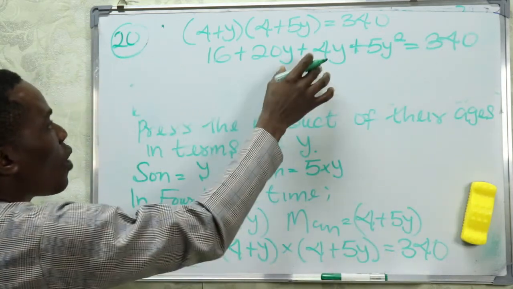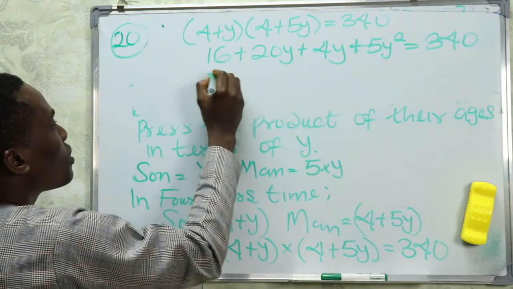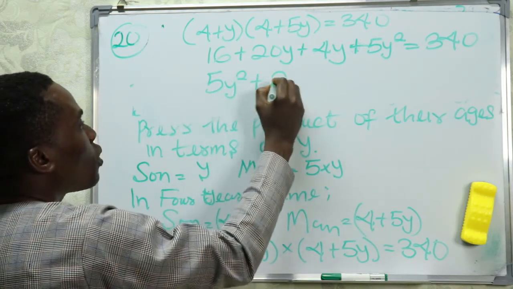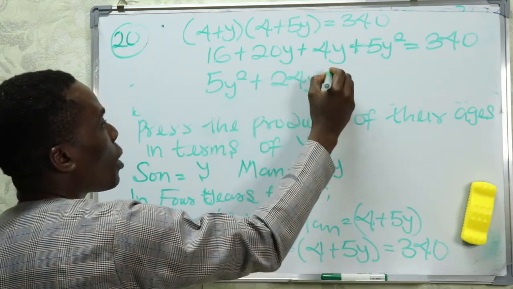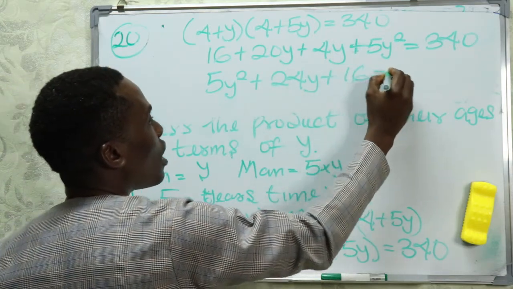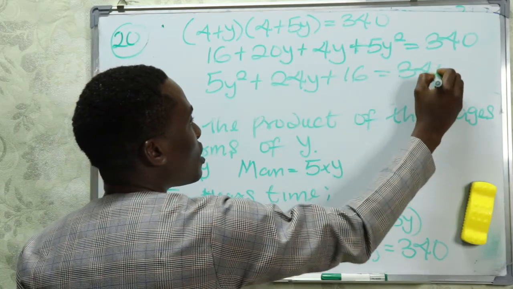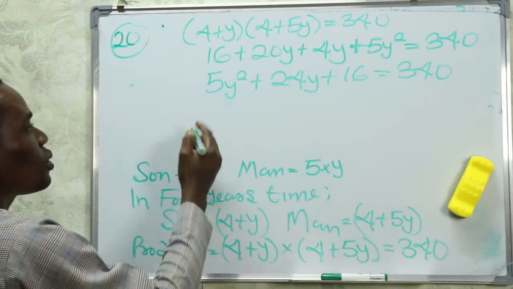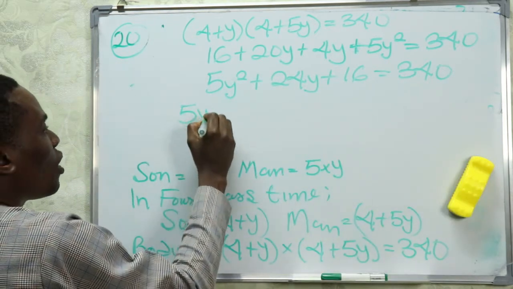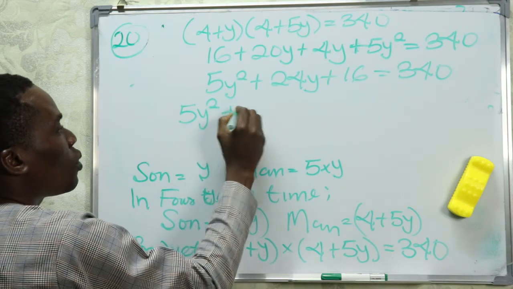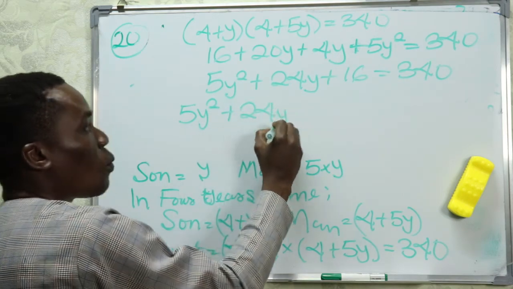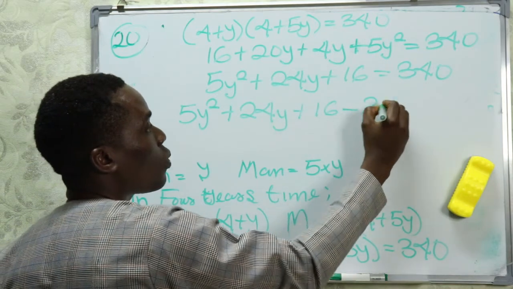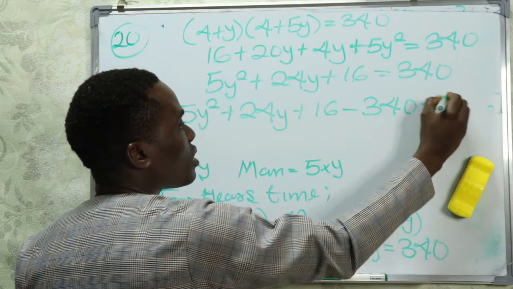Now if we add this together, we'll have 5y squared plus 24y plus 16 equal to 340. Now let's simplify further to make this expression all in y. 5y squared plus 24y plus 16 minus 340 equal to 0.